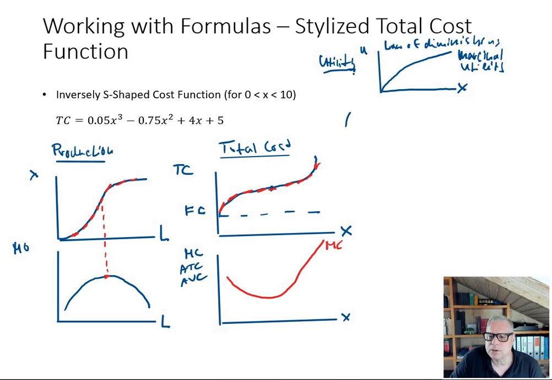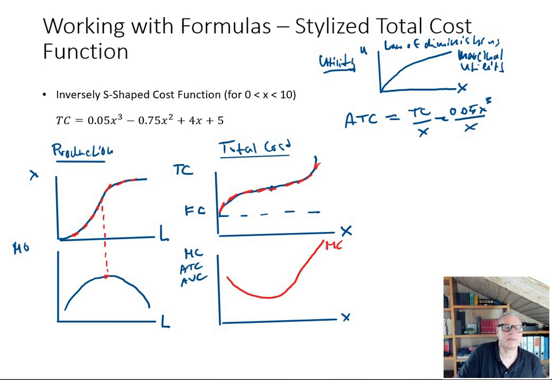Average total cost, ATC, is total cost divided by X. So in this case, we have 0.05 x cubed divided by x, so that cancels out, to 0.05 x squared, minus 0.75 x, plus 4, plus 5 over x.